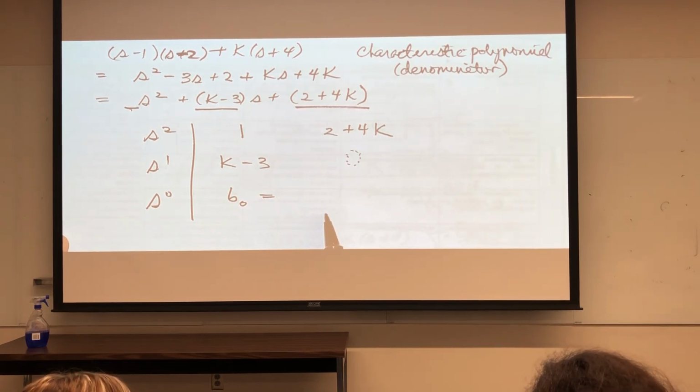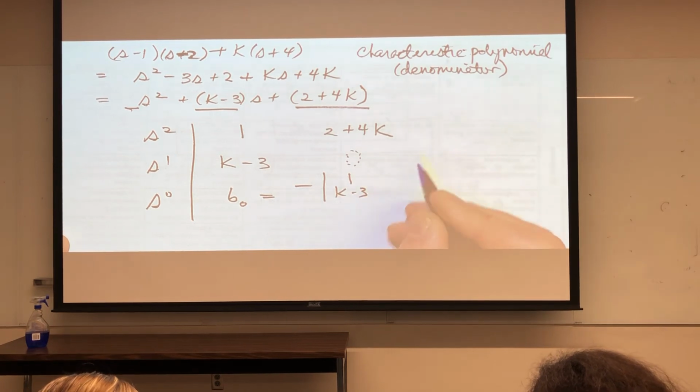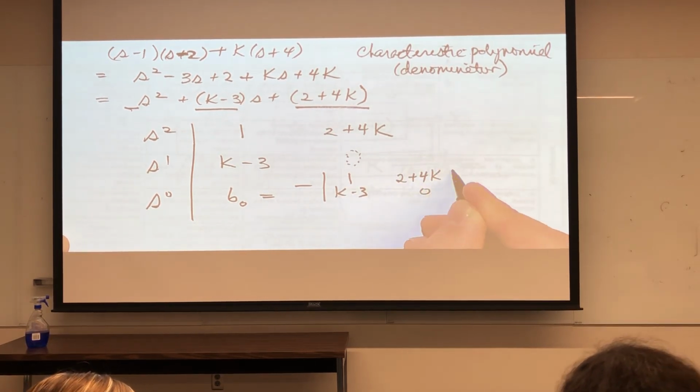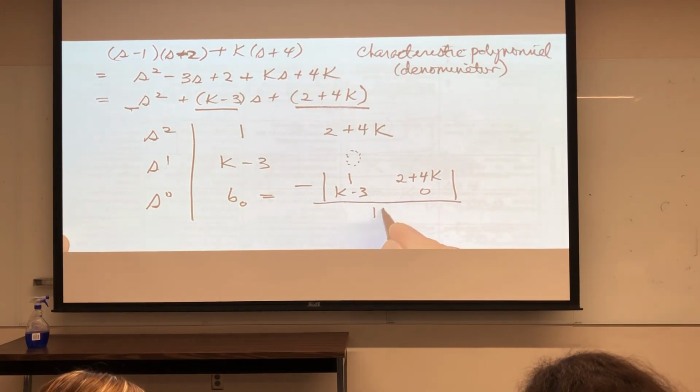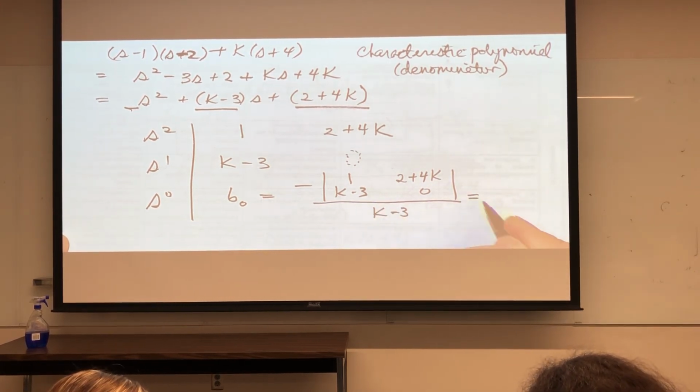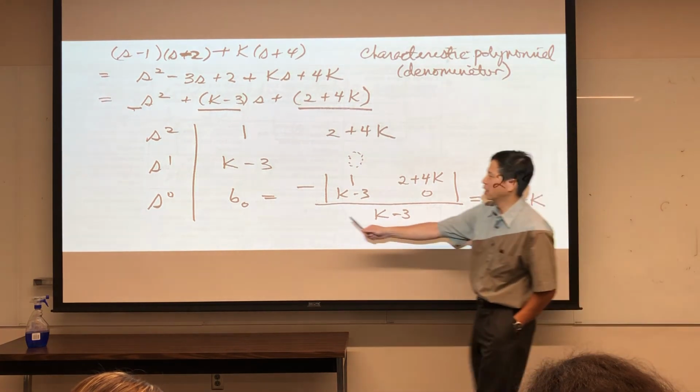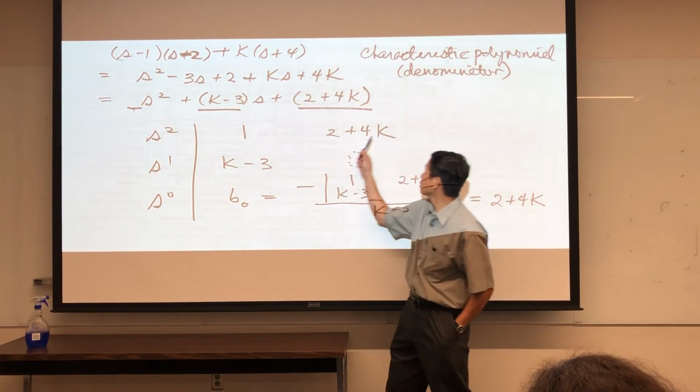Just practicing the calculation, b0 is the determinant of 1, K minus 3, 2 plus 4K, and a 0, divided by K minus 3. And we all know now that the answer is 2 plus 4K, if we've done our algebra correctly, because it is the last element in an even row, and it will match this.